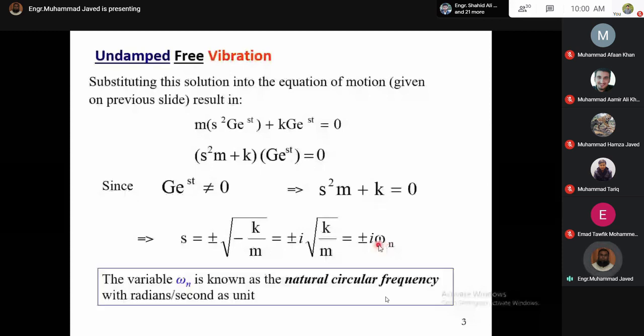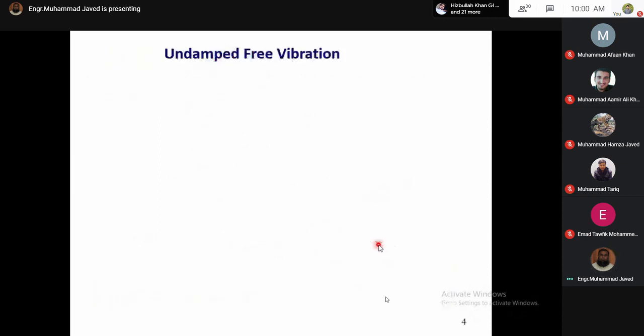This is an important term, and you will deal with this term very frequently. So natural circular frequency omega n is simply under root k over m.